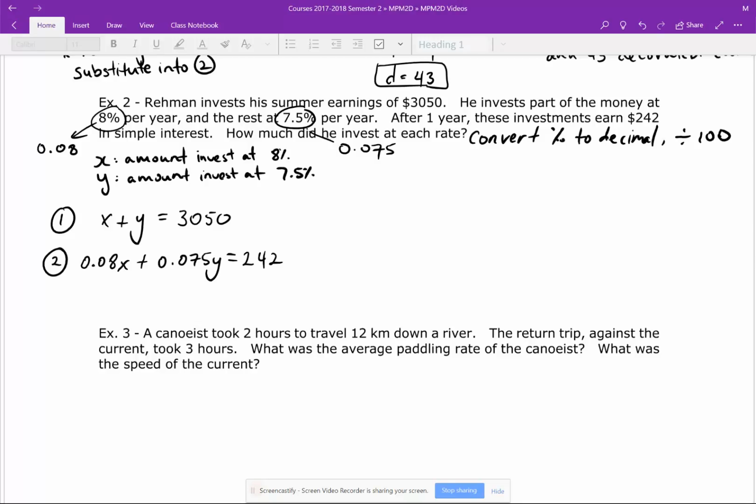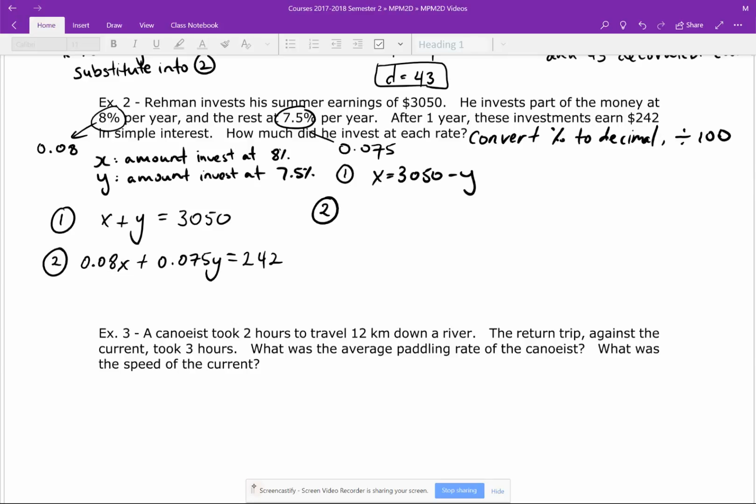So now you can look at equation number one, much simpler. There's no decimals, okay? Equation two is a little bit more messy. So when I do substitution, I'm going to isolate equation number one first. So according to equation number one, if I isolate, let's pick x, I'm going to say x equals 3050 minus y. And I'm going to substitute that into equation number two.